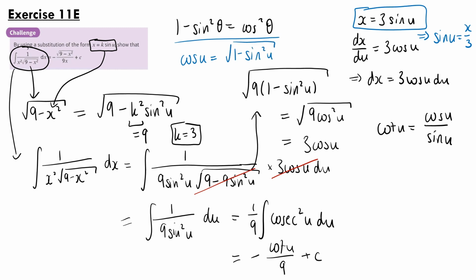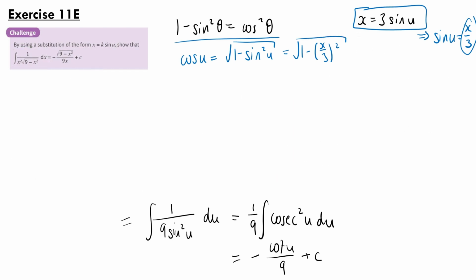And we know what sin u is, it's x over 3. So this is equal to the square root of 1 minus x over 3 squared. Okay, so now we have all the information we need to rewrite minus cot u over 9 plus c in terms of x. And we're aiming for this up here. So let's have a go.